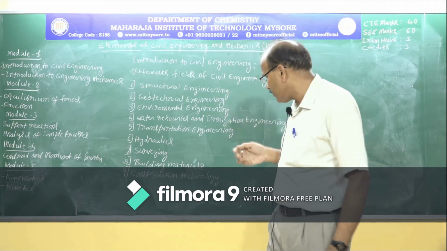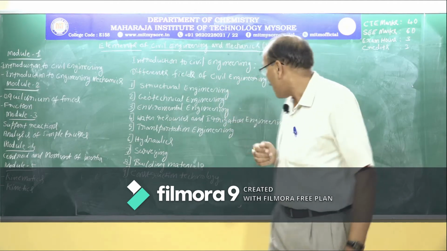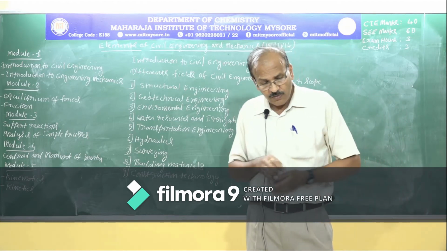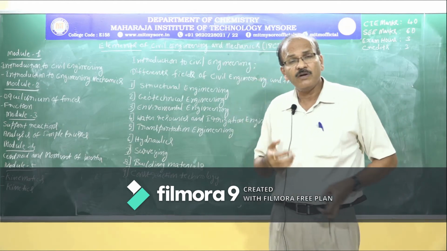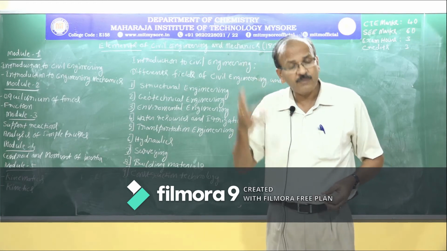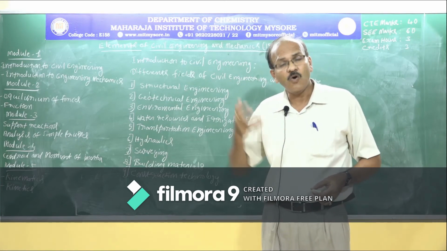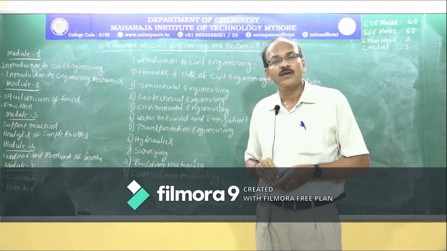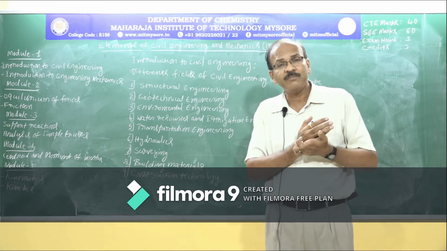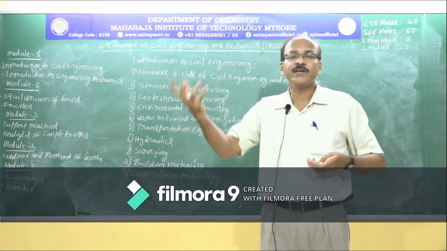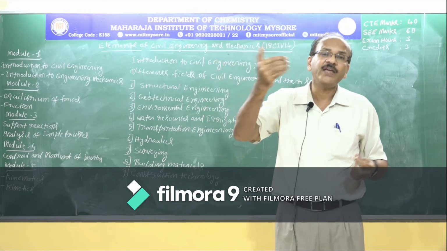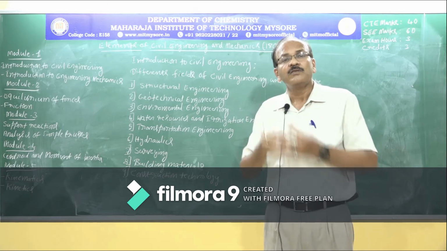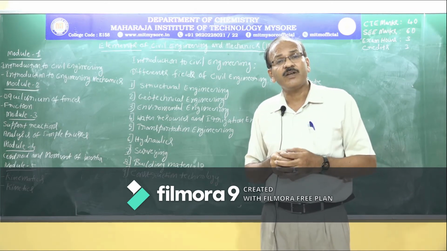In this subject, water resources and irrigation engineering, we study rainfall and the pattern of rainfall, how much water we are going to get, and what the catchment area is, if you are constructing a dam, which feeds that particular reservoir, so that we can know the capacity of the reservoir.